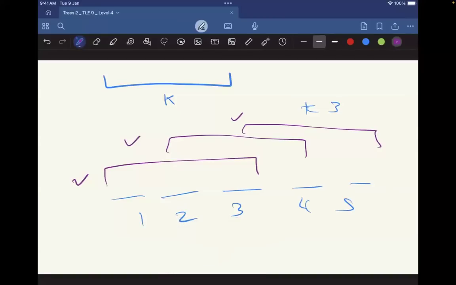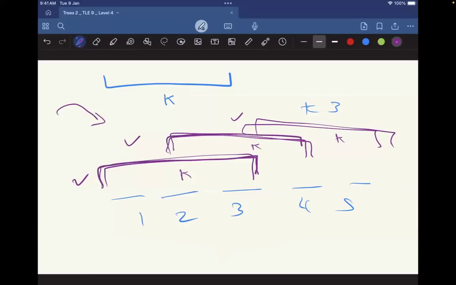All right. If this much is clear, this is size K, this is also size K, this is also size K, right? This much should already give you a hint on what the problem is about. Do you agree that this is a fixed size range and we are sliding it? Yes or no?